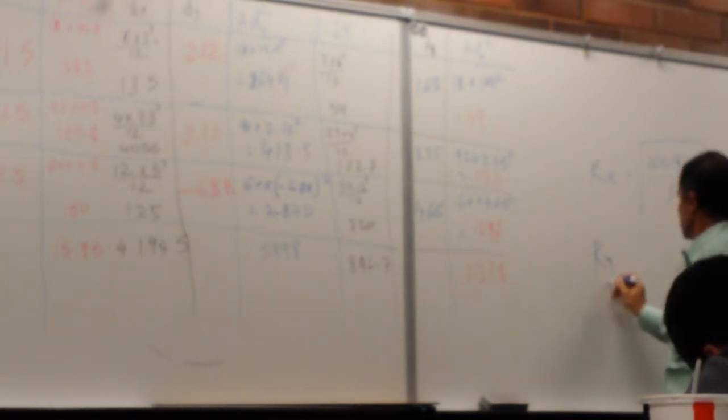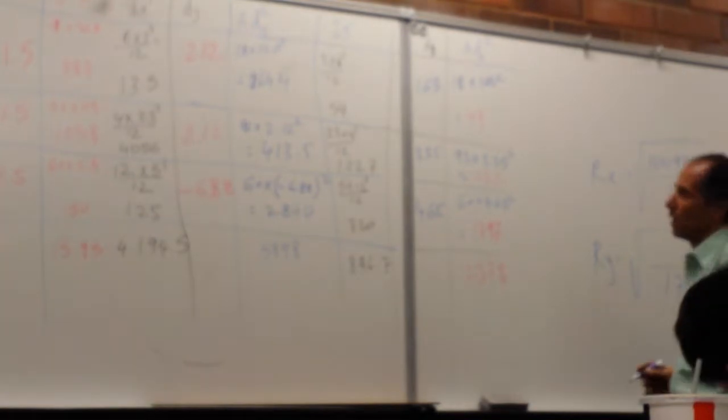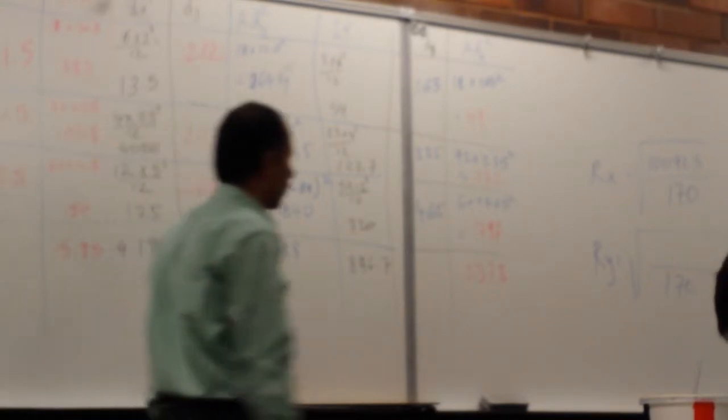Ry is the square root of the Iy, 3274. Give me numbers, please.